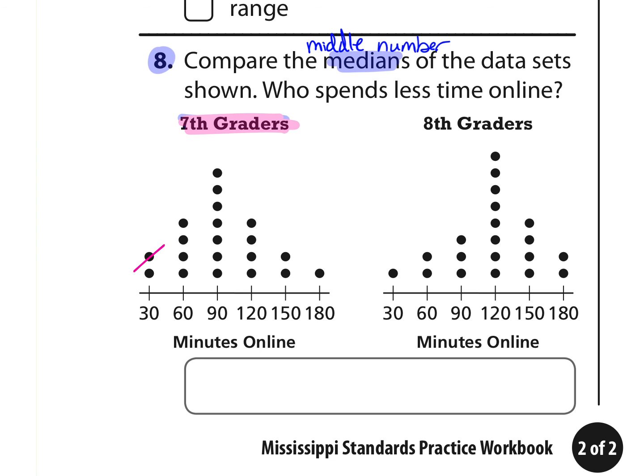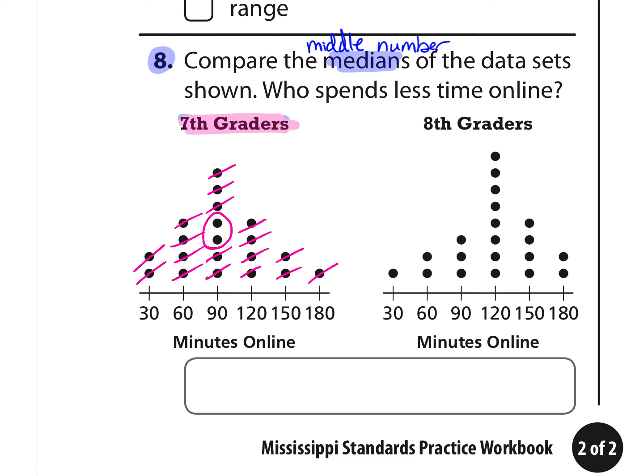So I cross out one on the smallest end and on the largest, smallest and largest, and so on, and I've got 2 numbers here in the middle.